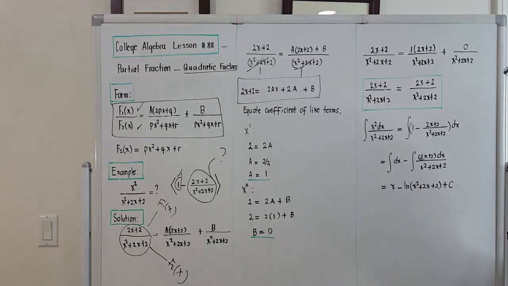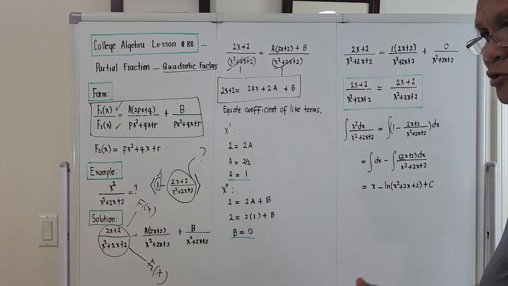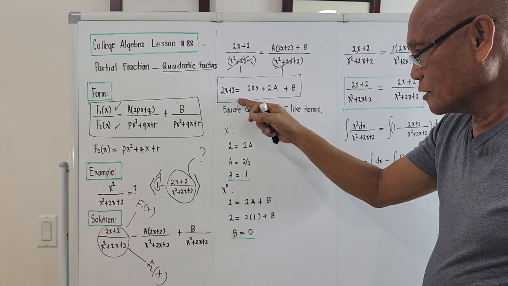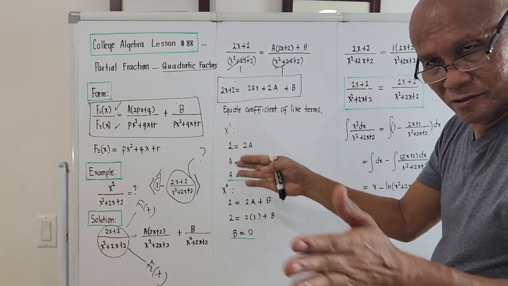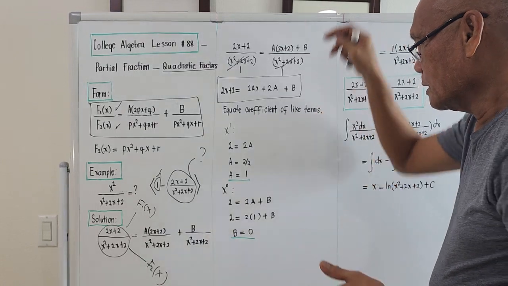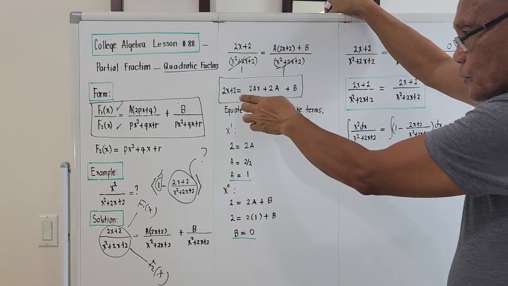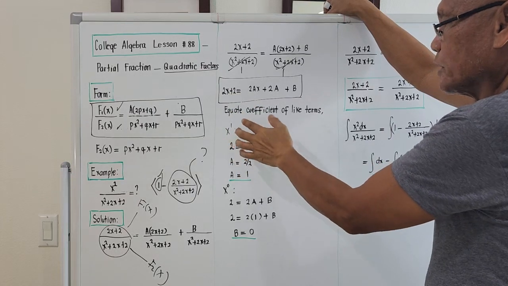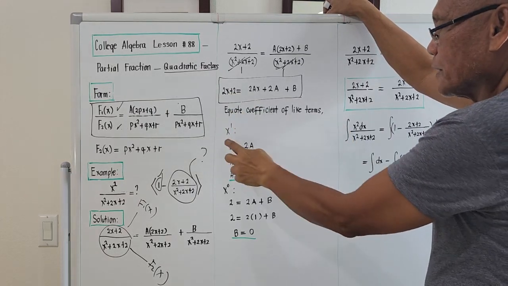Like what we did the last time around, we assume a certain value of x to eliminate the other one, but since this is just a simple one, we can just equate coefficients of like terms. The highest power of x here is 1, so we equate coefficients for x to the first power.